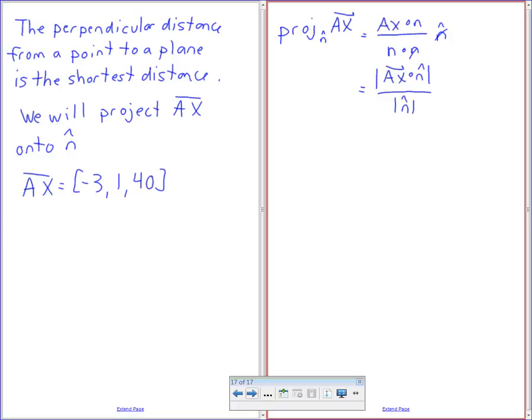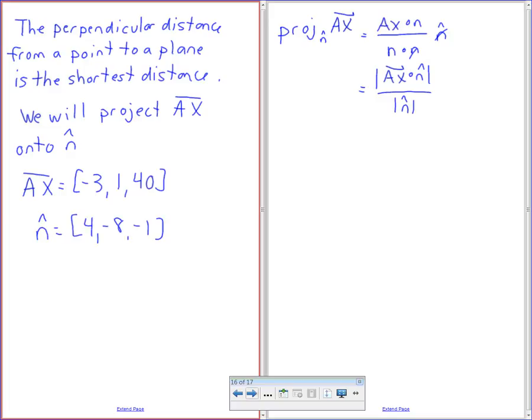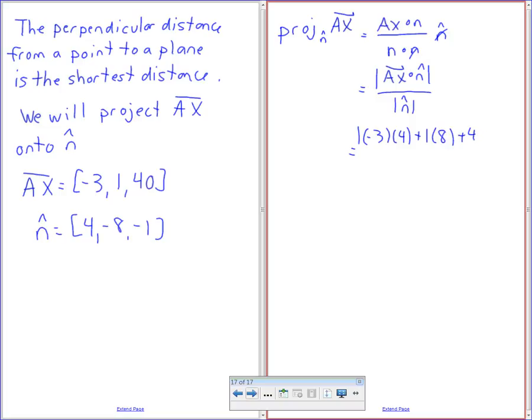Okay, so here we go. Can someone remind me how we dot things? Good. So just as a reminder, your N here should have been 4, -8, -1, is that right? So this turns into the magnitude of -3 times 4 plus 1 times 8 plus 40 times -1.